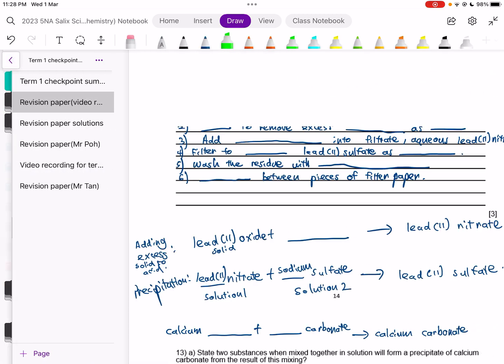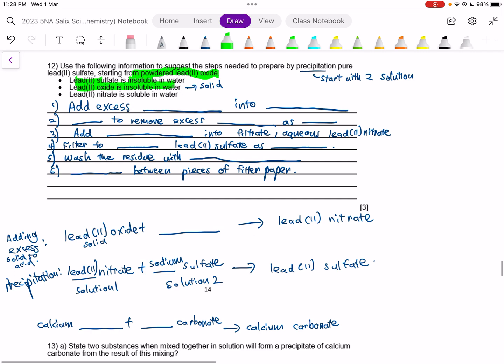Let's go back to the question itself. To think of the acid, you want lead 2 nitrate. So this part will tell you about the acid, the second word. So this will be nitric acid, dilute nitric acid. Then of course you get other things which are not so important in this question, like water.